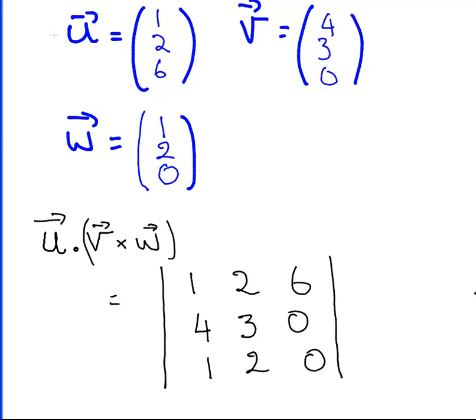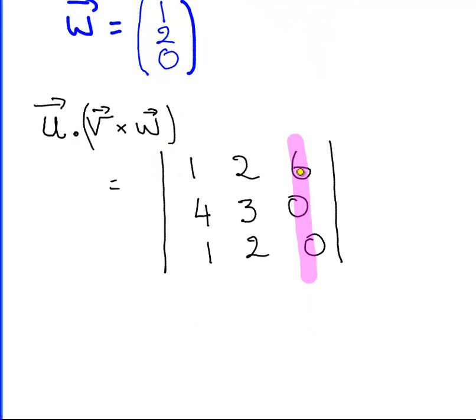Now I've picked it out such that we have a column with a lot of zeros. Our scalar triple product is the determinant of this 3x3 matrix. We pick out a row or column. Just as a remark, this is in the plus position of the sign array, this is in the minus position, and this is in the plus position.